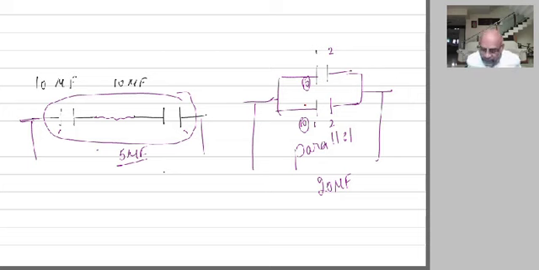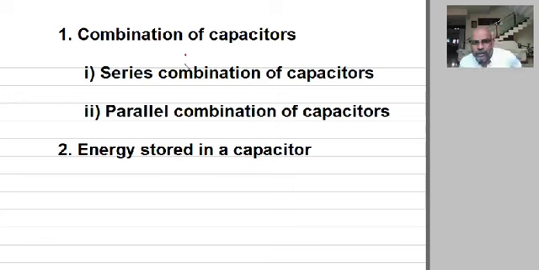So in general we have two types of combinations, and we will now learn those two types of combination of capacitors.